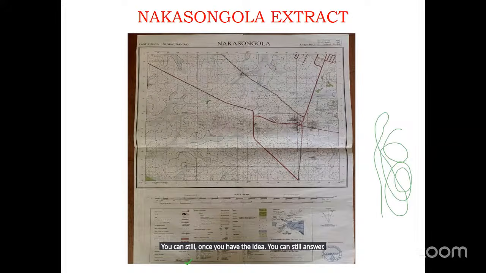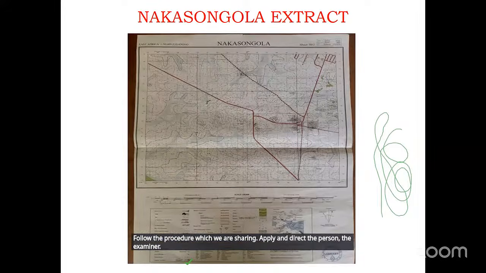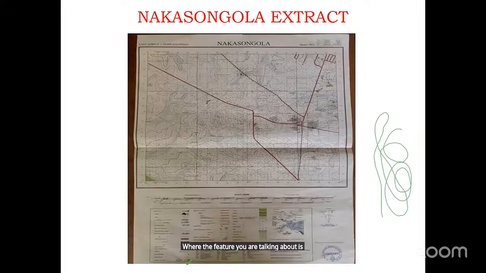Follow the procedure which we are sharing. Apply it and direct the examiner to where the feature you are talking about is on the map. And we said that identification and location, you can give the place name, you can give direction, for example, forest in the east of Katambwa.